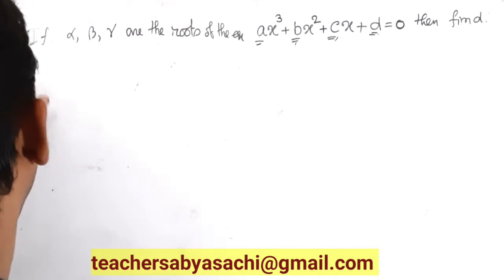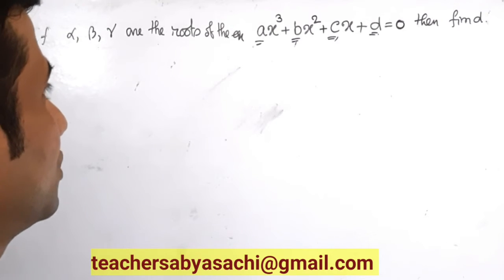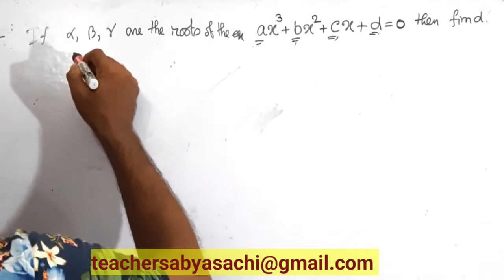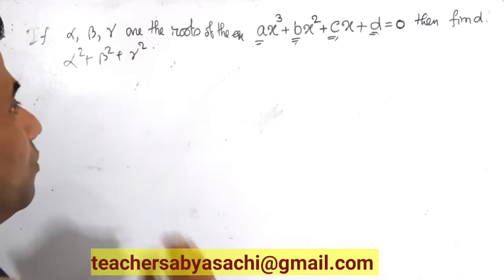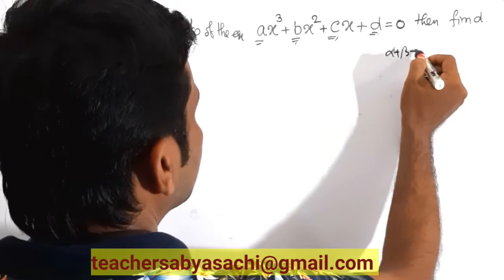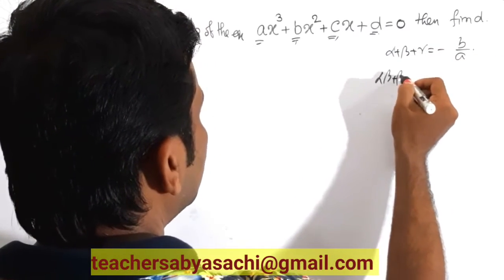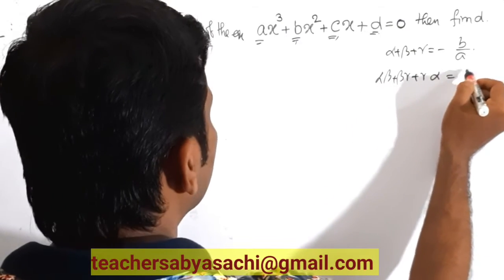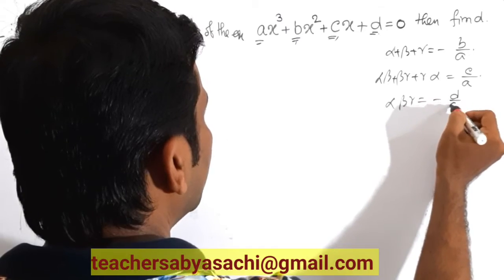Next problem is, if alpha, beta, gamma be the roots of the equation ax cube plus bx square plus cx plus d, then find the value of alpha square plus beta square plus gamma square. We know that alpha plus beta plus gamma is equal to minus b by a, alpha beta plus beta gamma plus gamma alpha is equal to c by a, and alpha beta gamma is equal to minus d by a.